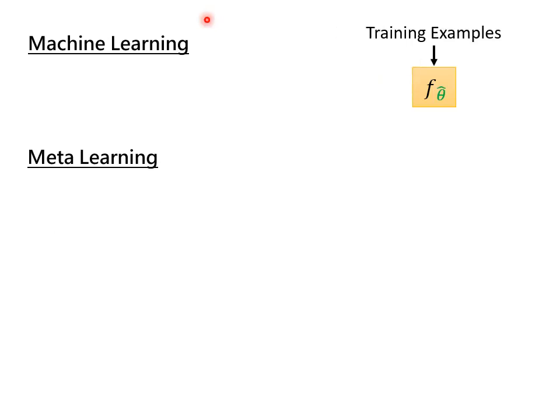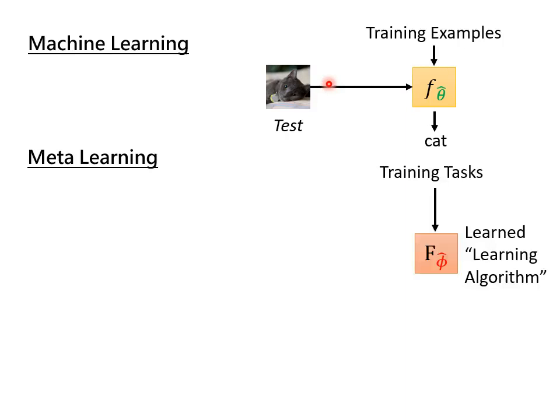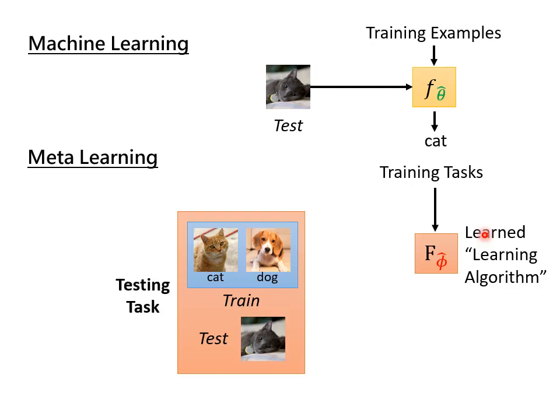And in machine learning, with some training examples, we find a classifier. Then we use this classifier to classify some testing examples and obtain the classification result. For meta-learning, with a set of training tasks, we can have a learned learning algorithm. Then we need a testing task.